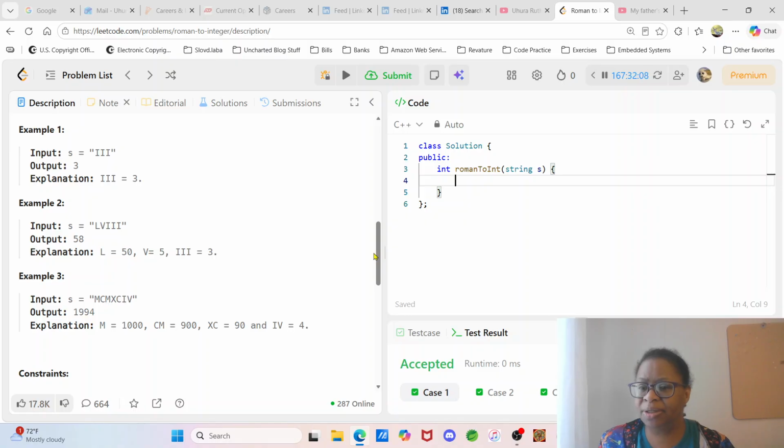Okay, the next input we're given is capital MCMXCIV, and the output should be 1994. That's because 1000 plus 900 plus 90 plus 4 equals 1994.